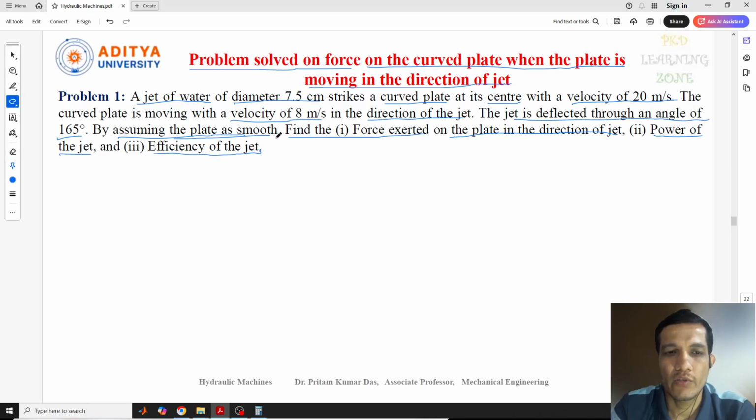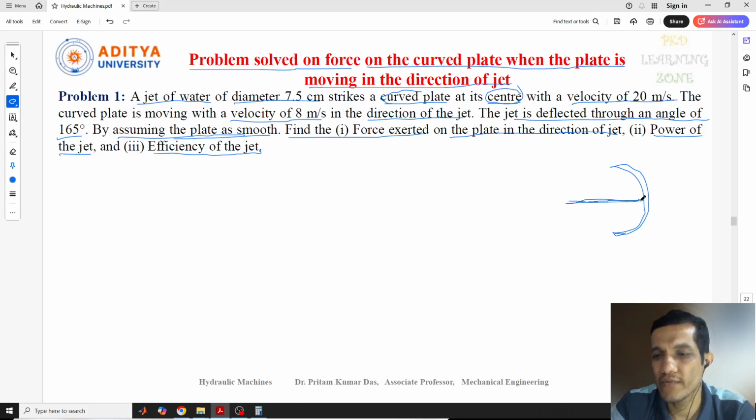Before solving this, let me draw a simple diagram. The plate is a curved plate, and the impact of jet on this plate is at the center. The plate is in moving condition.